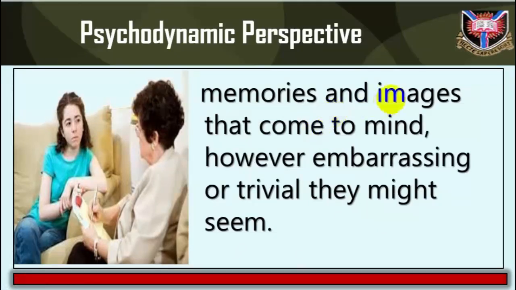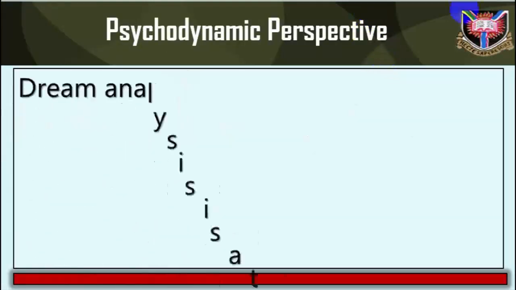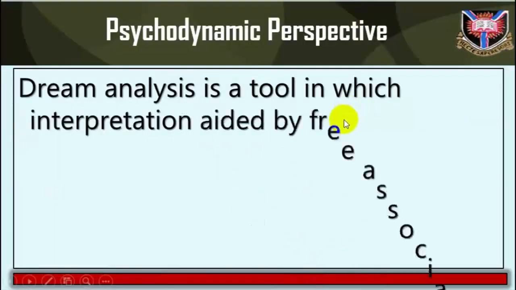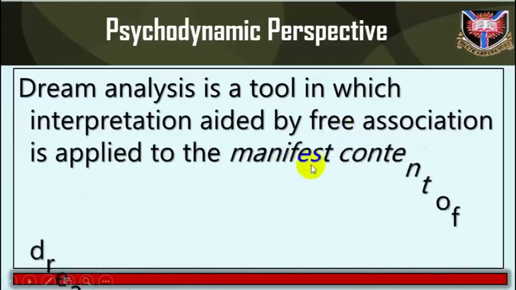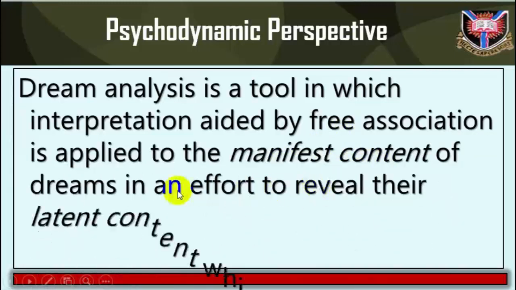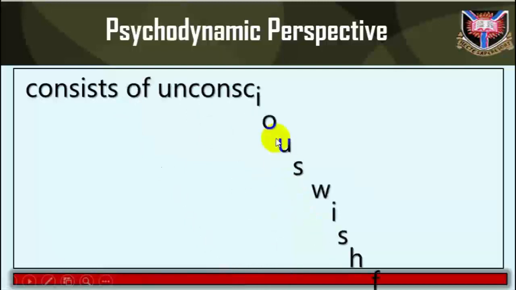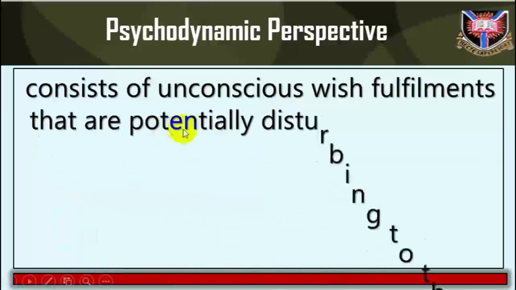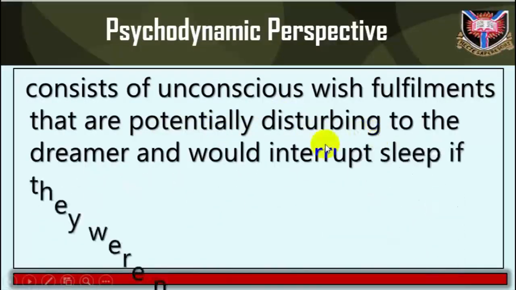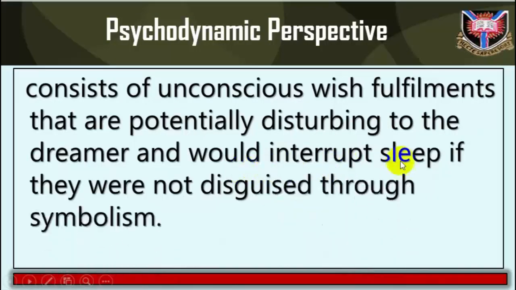Dream analysis is a tool in which interpretation aided by free association is applied to the manifest content of dreams in an effort to reveal their latent content, which invariably consists of unconscious wish fulfillment that are potentially disturbing to the dreamer and would interrupt sleep if they were not disguised through symbolism.